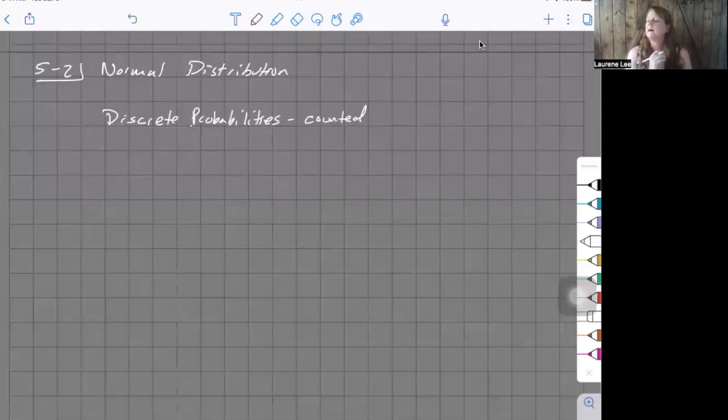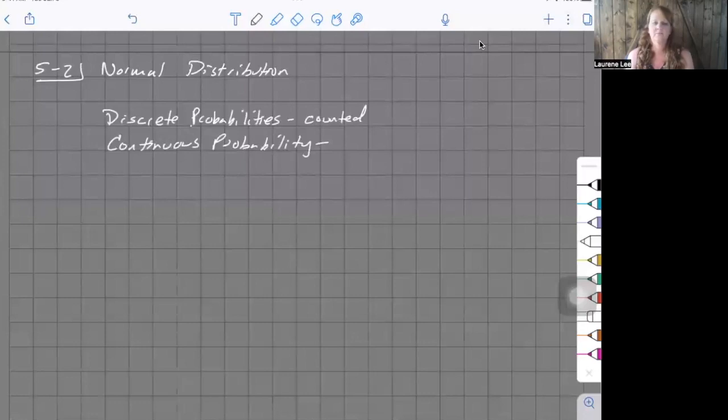The other type of probability is called continuous probability. What happens in continuous is you can't really count all your outcomes. Let me give you an example.